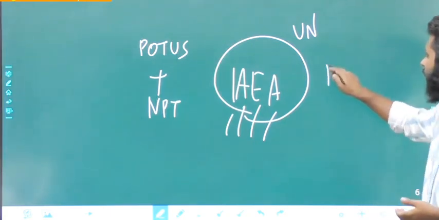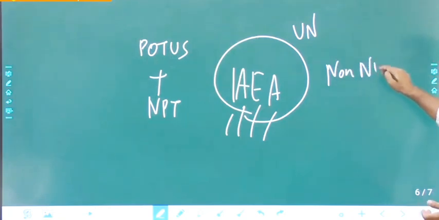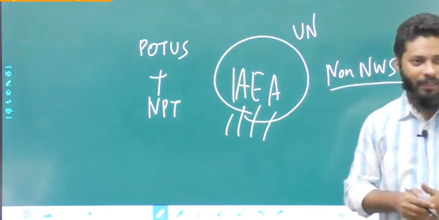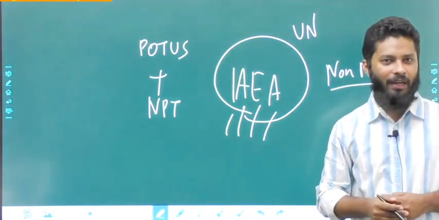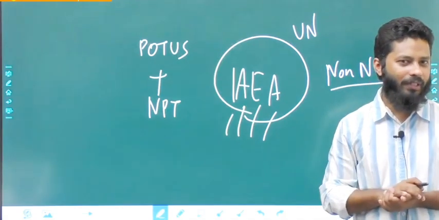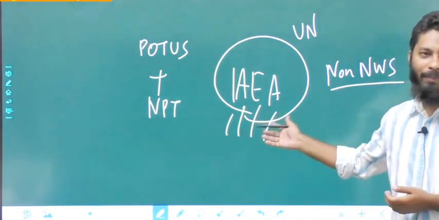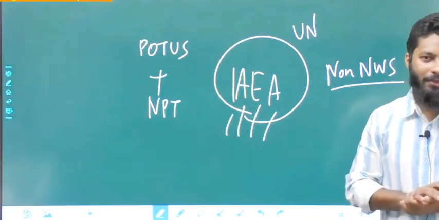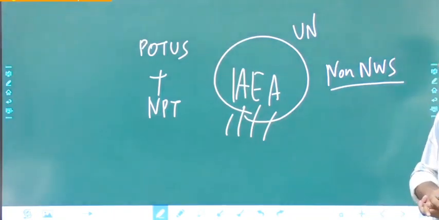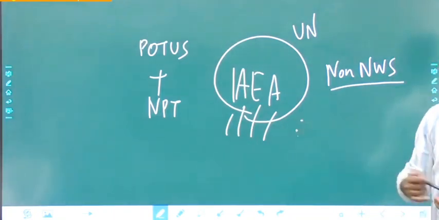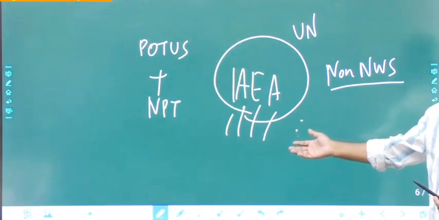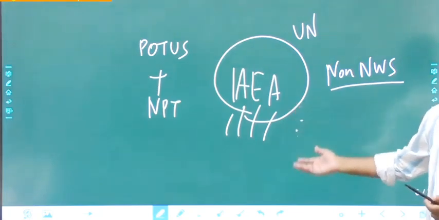Which countries? Non-nuclear weapon states. If you have signed the NPT and you are a non-nuclear weapon state, then you cannot go for nuclear weapon programs. This is the idea behind it. So this was the issue with Iran. Iran was a signatory of the NPT, so it was a non-nuclear weapon state.